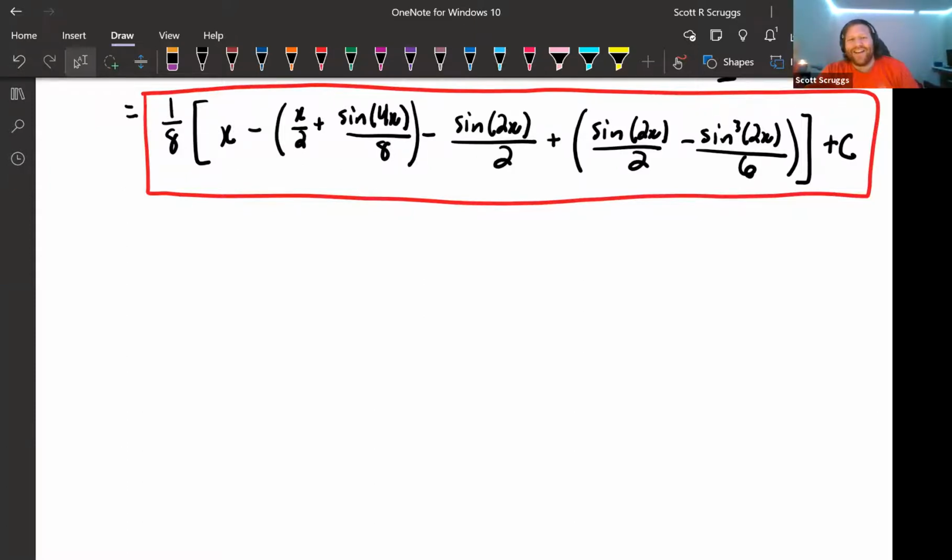Wonderful. All right. So the other type of trig integrals are tangents and secants. So let's talk about those real quick.